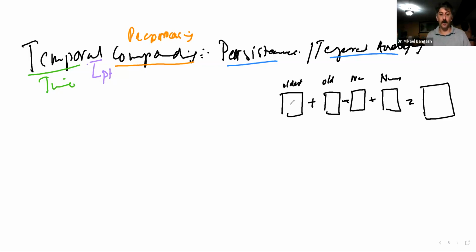Mainly because it is different frames taken over the course of time that are put together, that's why we call it temporal compounding. Is that clear?